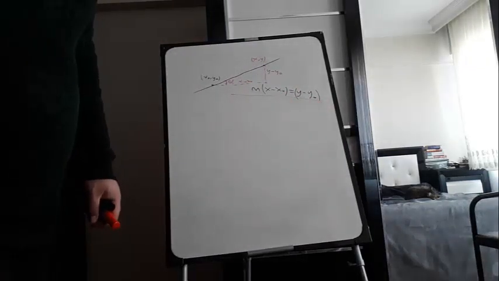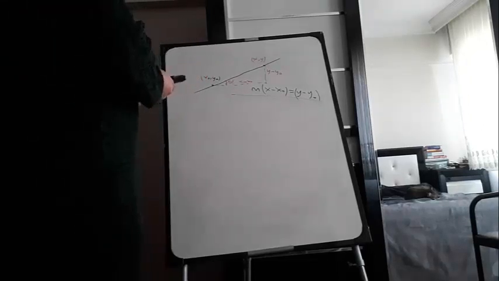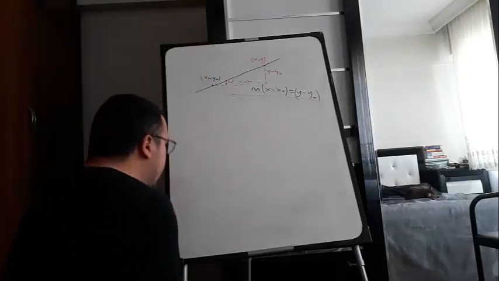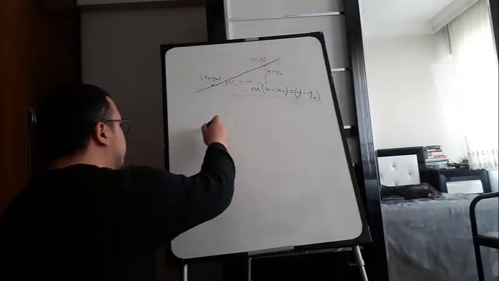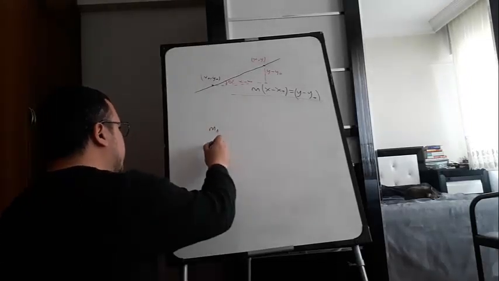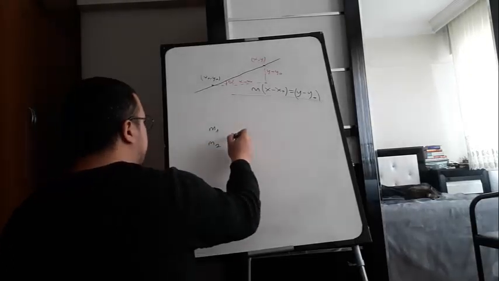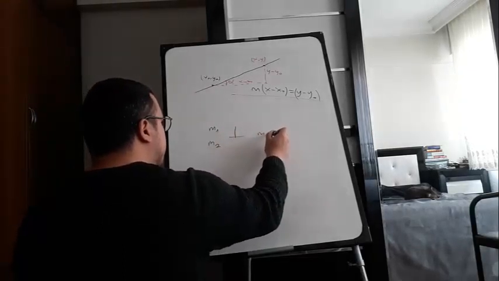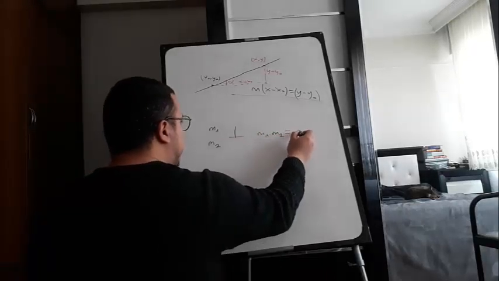If two lines are perpendicular to each other, for example, line 1 with slope m1 and line 2 with slope m2, then the product of these two slopes would be -1.